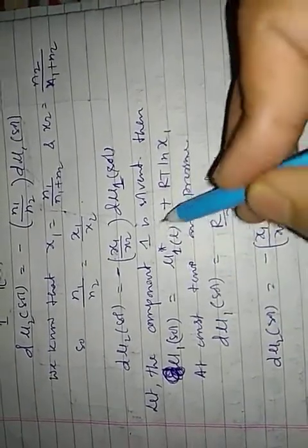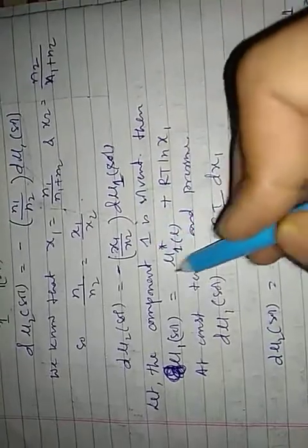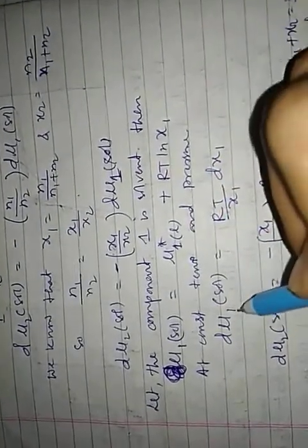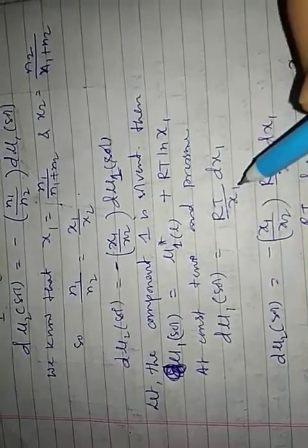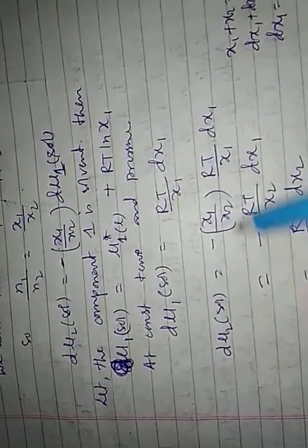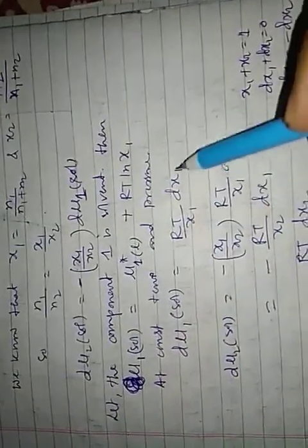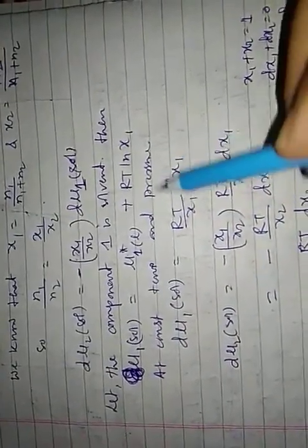Now at constant temperature, if we differentiate, mu 1 L is a constant quantity, and if we differentiate that term, that will be 0. The rest of the term will be d mu 1 equal to RT by x1 dx1. That is the term for the solvent.